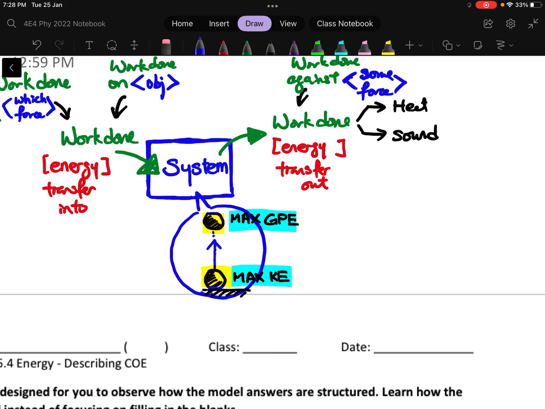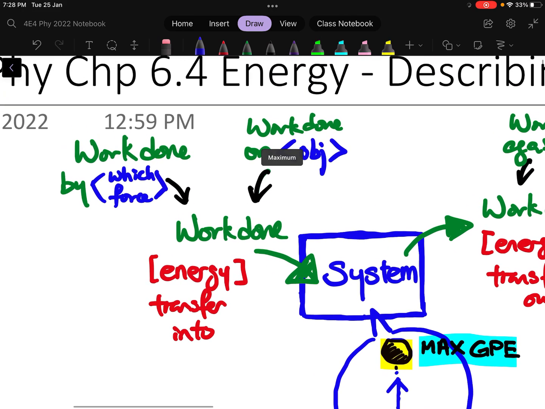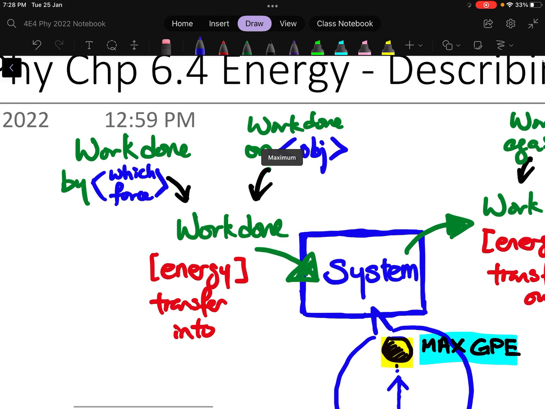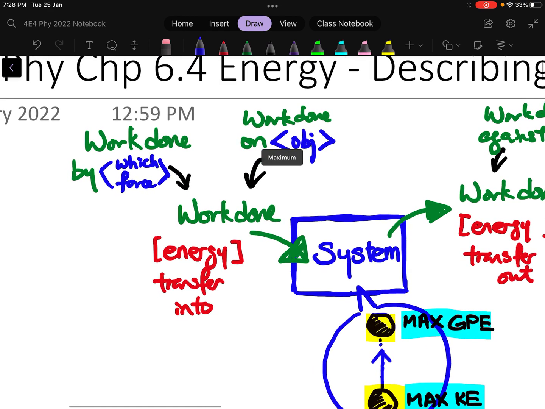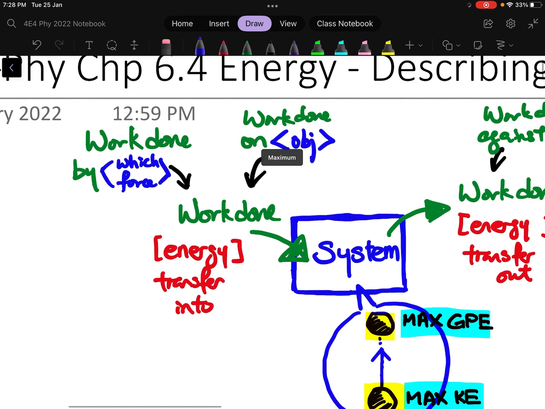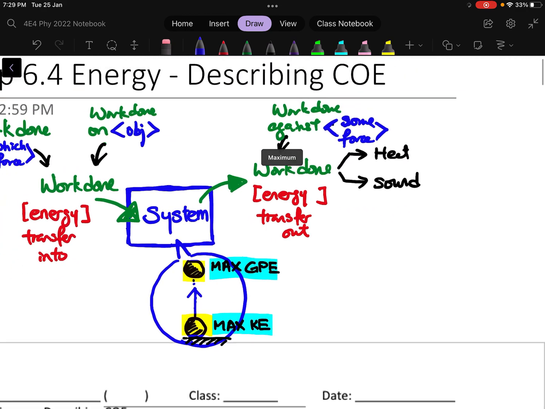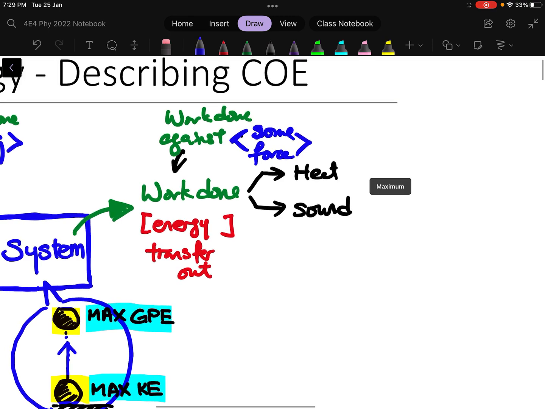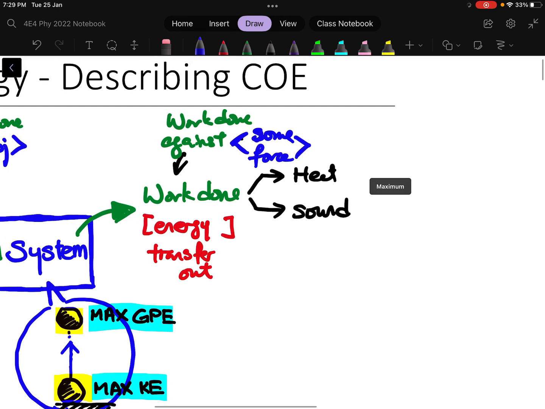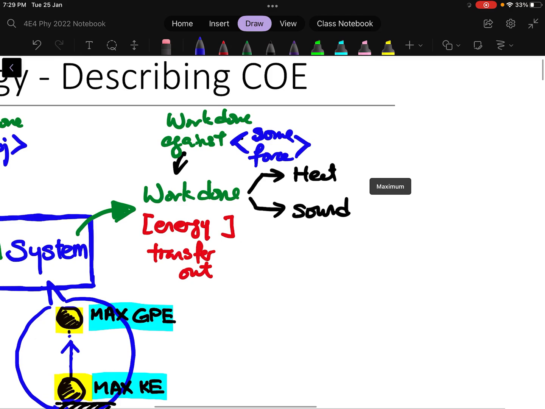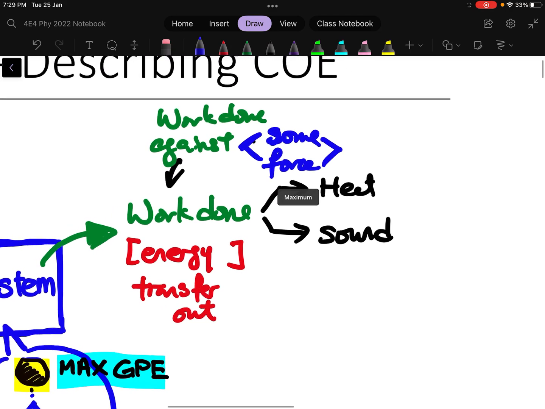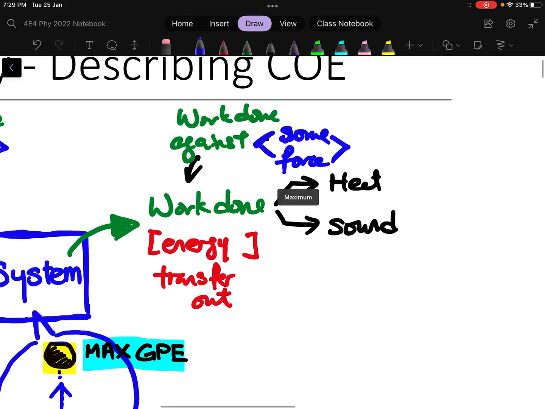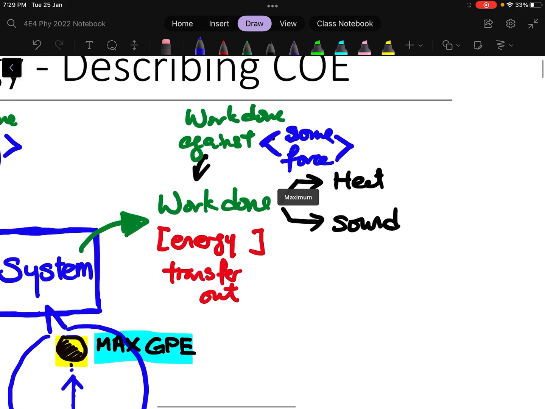But in order for it to start, sometimes the question context will give you another object or another force that will actually transfer energy into the system, and your job is to be able to phrase this as work done by, work done on, things like that. And sometimes the context will also involve energy loss, and your job is to identify this as work done against a certain force. And remember, heat and sound is a subsidiary of this work done against friction or against air resistance.